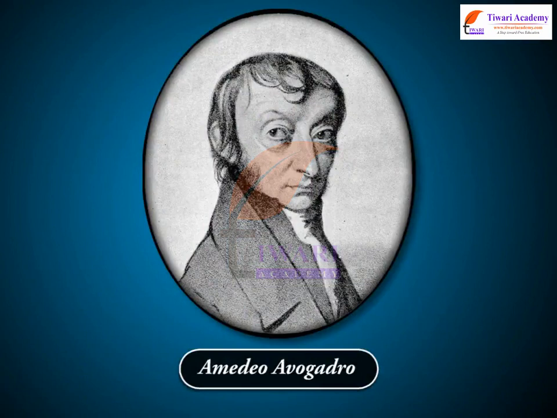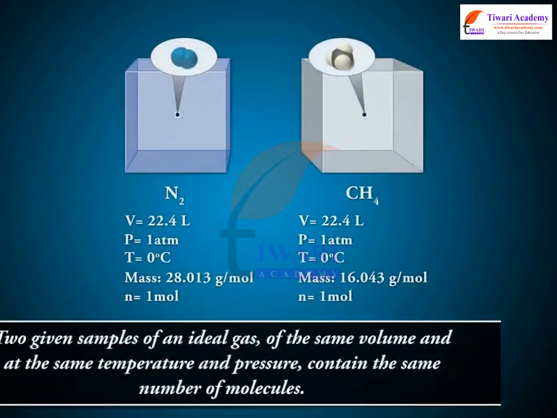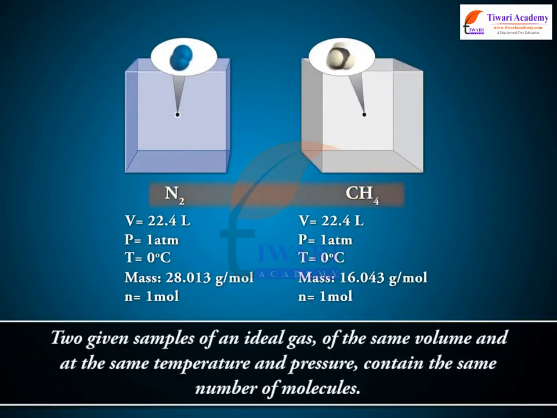The law is named after Amedeo Avogadro, who in 1811 hypothesized that two given samples of an ideal gas of the same volume and at the same temperature and pressure contain the same number of molecules.